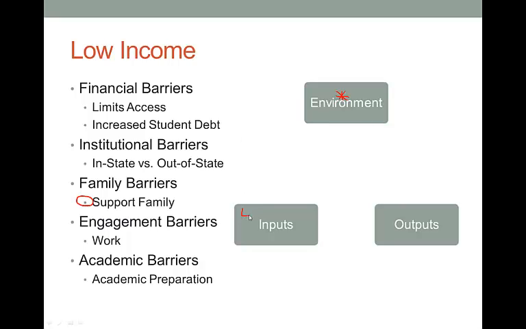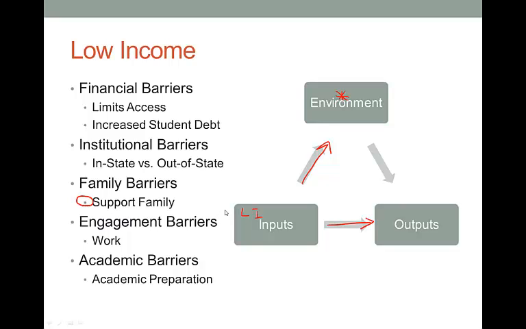So the input of the low income will then have an effect on the environment, but the output, as we know, may not be as significant if they're able to get to graduation. It's just going to be a lot more difficult for them to get to graduation because of the financial, institutional, family, engagement, and academic barriers. So these are all the different types of things that low-income students need to overcome.